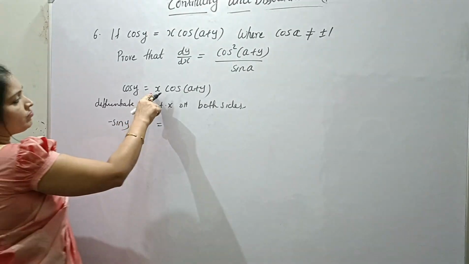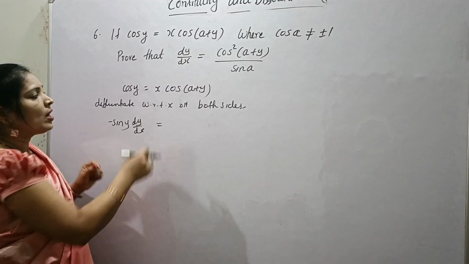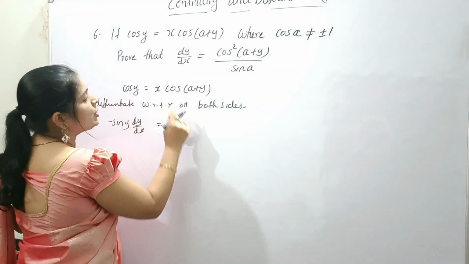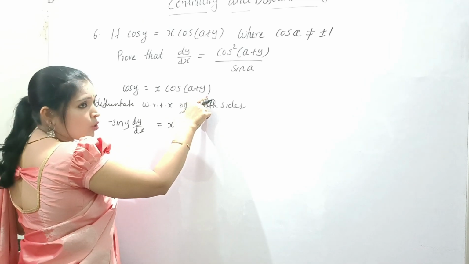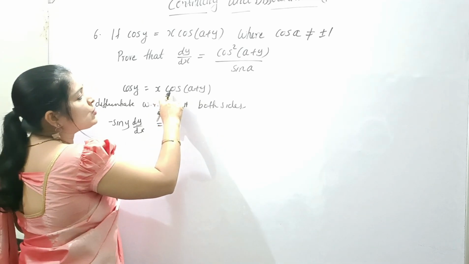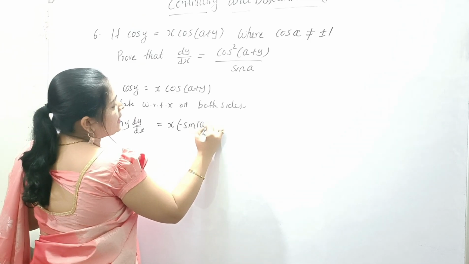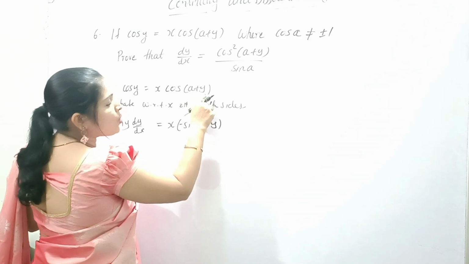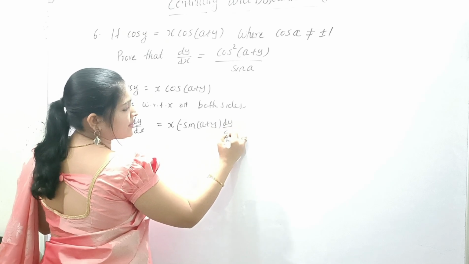On the right side, here is a product of two functions, so we have to apply the product rule. First function x into the derivative of cos of a plus y: the derivative of cos of a plus y is minus sin a plus y into the derivative of a plus y. The derivative of a is 0, the derivative of y is dy by dx.